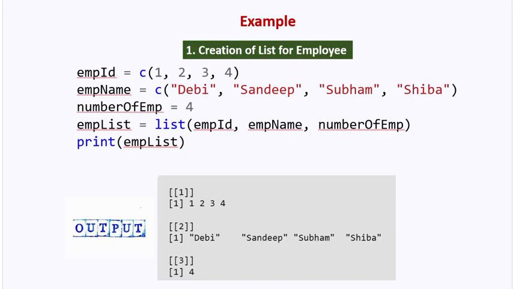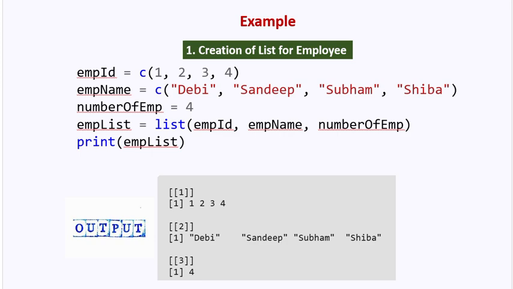We will be seeing about vectors exclusively in the upcoming videos. Let me keep the concept of list in mind, and proceed with how to store this collection in a single list. You can see we created vectors, and each of these vectors holds data of the same data type, which is completely different from a list.